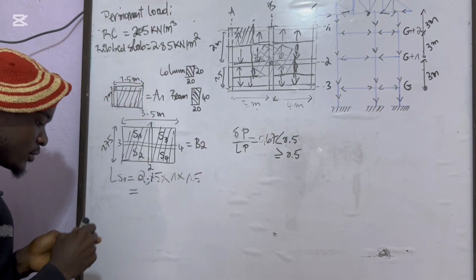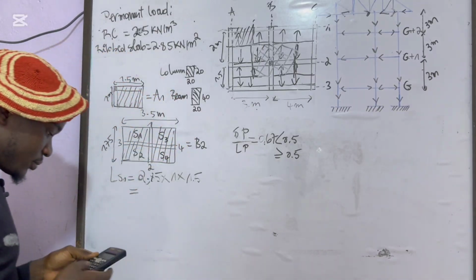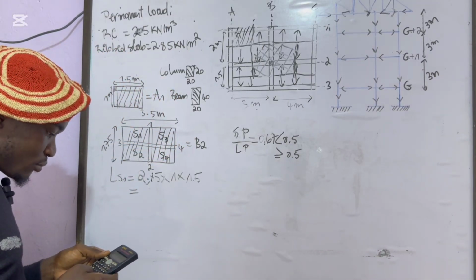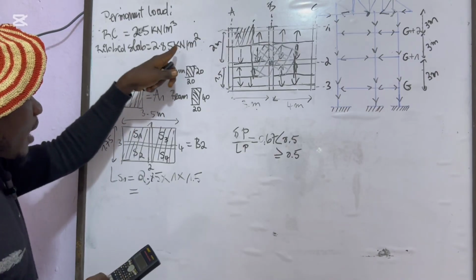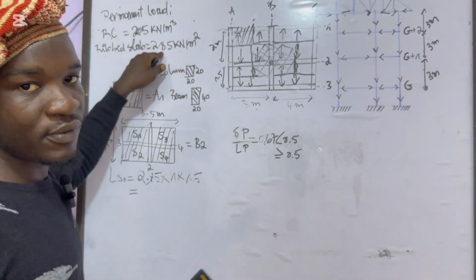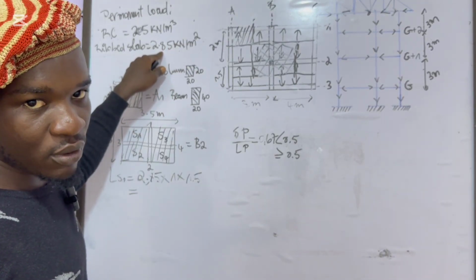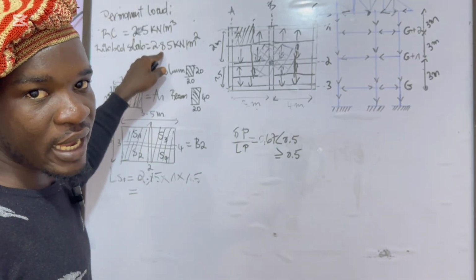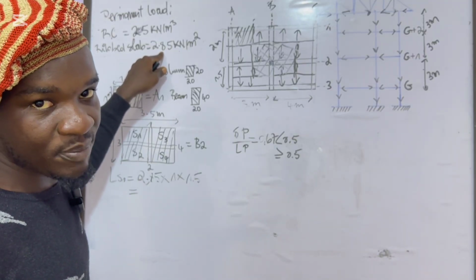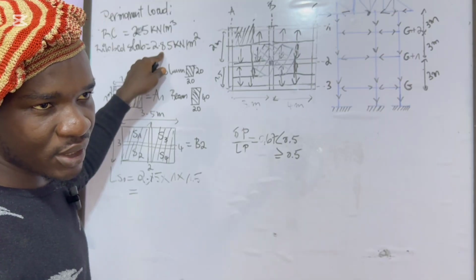At the end of the day, if we punch it, we have 2.85 multiplied, which is given. This permanent load is given in your Eurocode 0, or you can get it in NF P 06-004, the Norme Française.